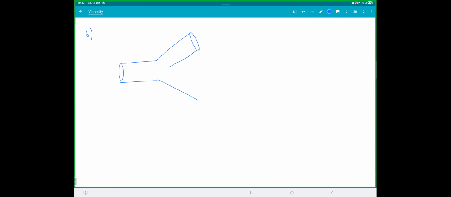So let's say the pipe is actually dividing like this, the Y shape. Here the pressure is 3p naught, here the pressure is p naught, and here the pressure is 2p naught.